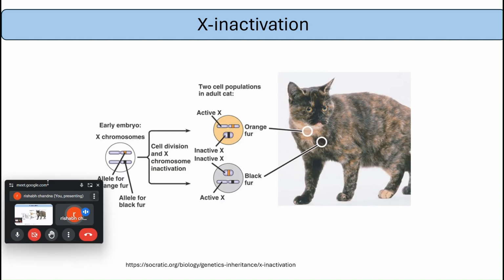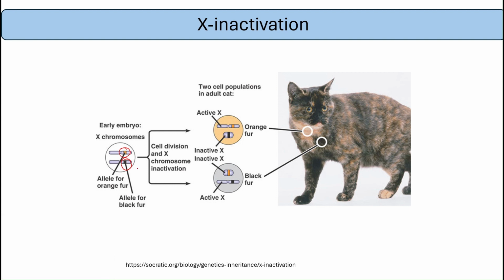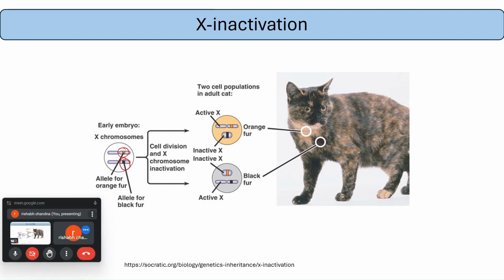There is an example of the cat. In the early embryo there will be a pair of X chromosomes, one allele which has the orange fur and one allele which has the black fur. When cell division occurs, one cell line has the orange fur allele and one has the black fur allele, and the other X is the inactive chromosome.